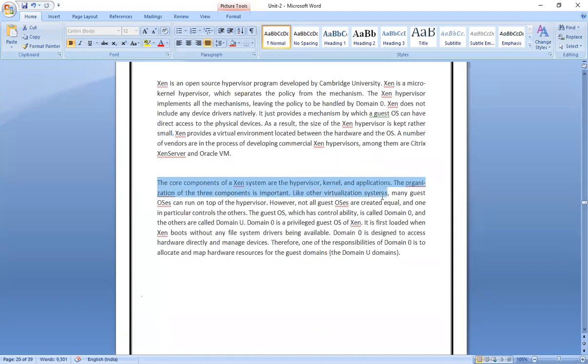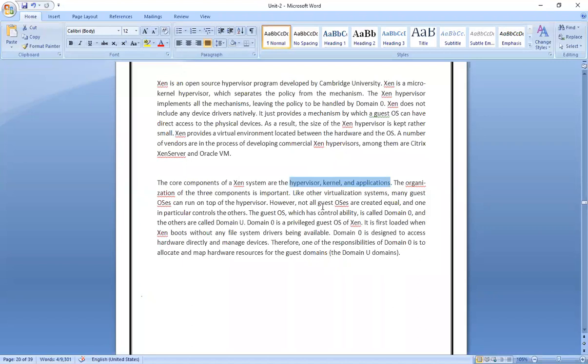Like other virtualization systems, many guest operating systems can run on top of the hypervisor.